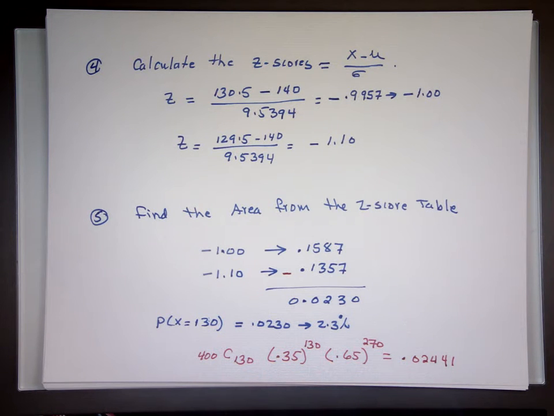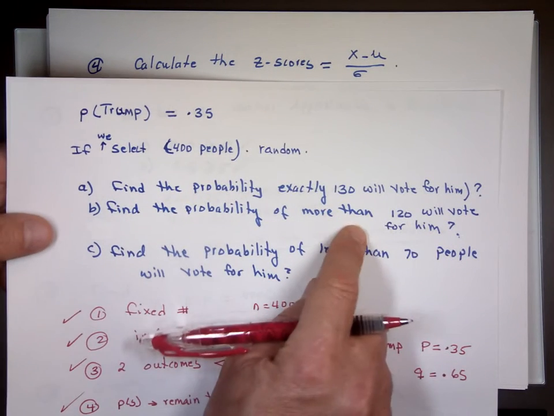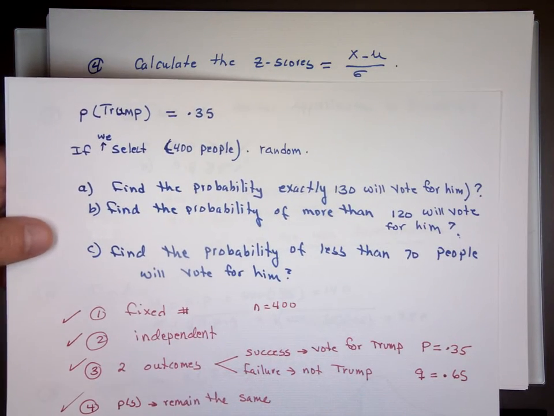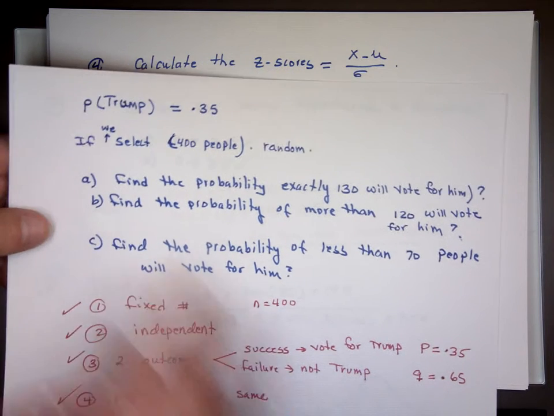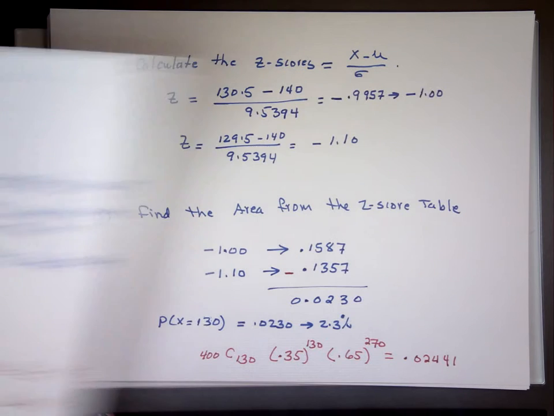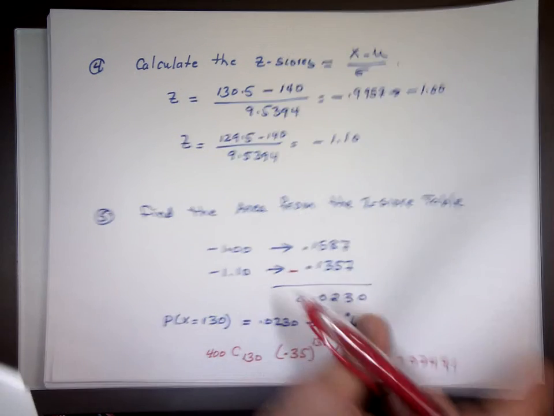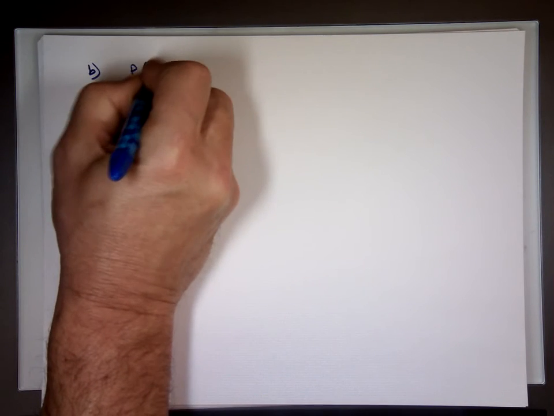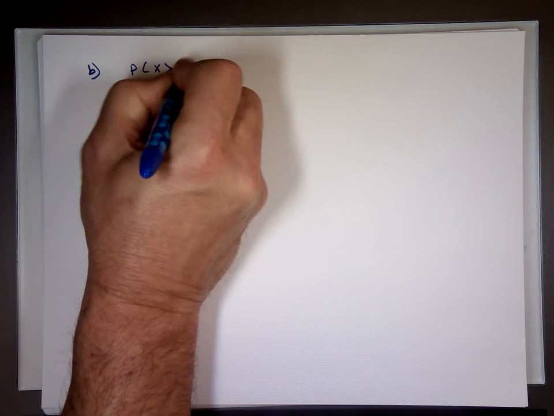Now the next part is part B: the probability that more than 120 will vote for him.